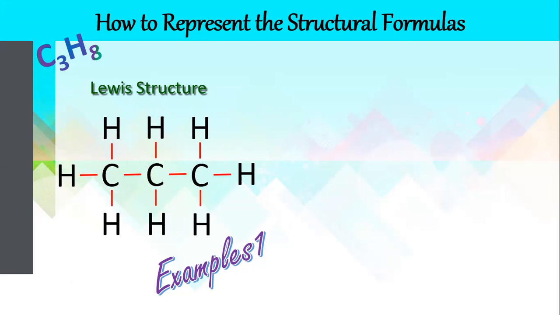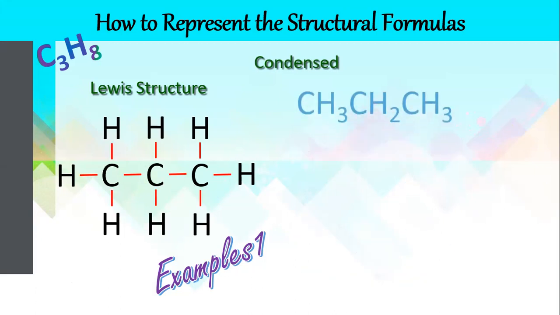Another way is the condensed structural formula, which gives us different groups in that molecule. So we have CH3 bonded to CH2 and then another CH3.